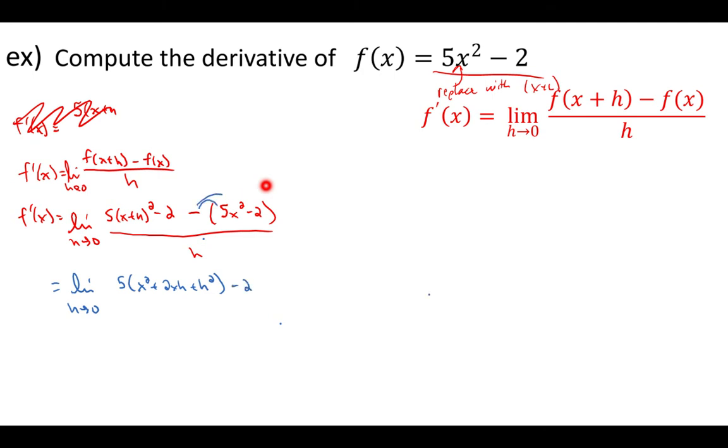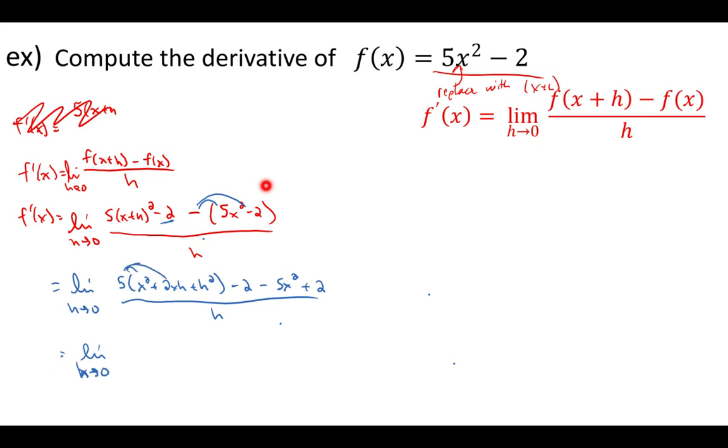And then make sure this negative symbol gets distributed in there. Also, again, don't forget to write that minus 2 and carry that down. It's easy to forget that. So then it's going to be minus 5x squared, and then plus 2, over h. And then we're left with the limit as h goes to 0.